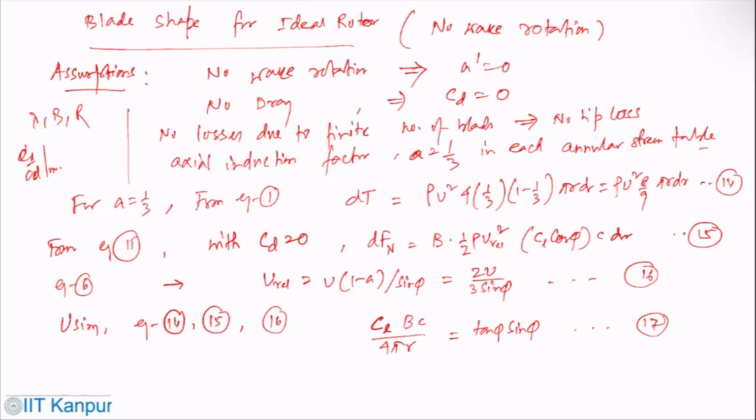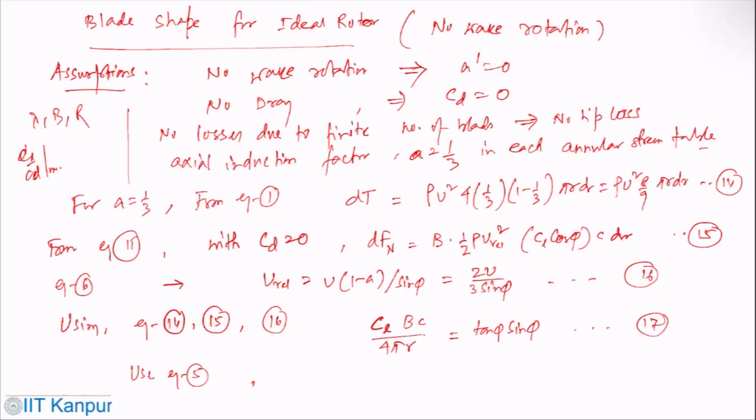Now we can use equation 5 to relate a prime based on the geometrical consideration, and it can be used to solve the blade shape.